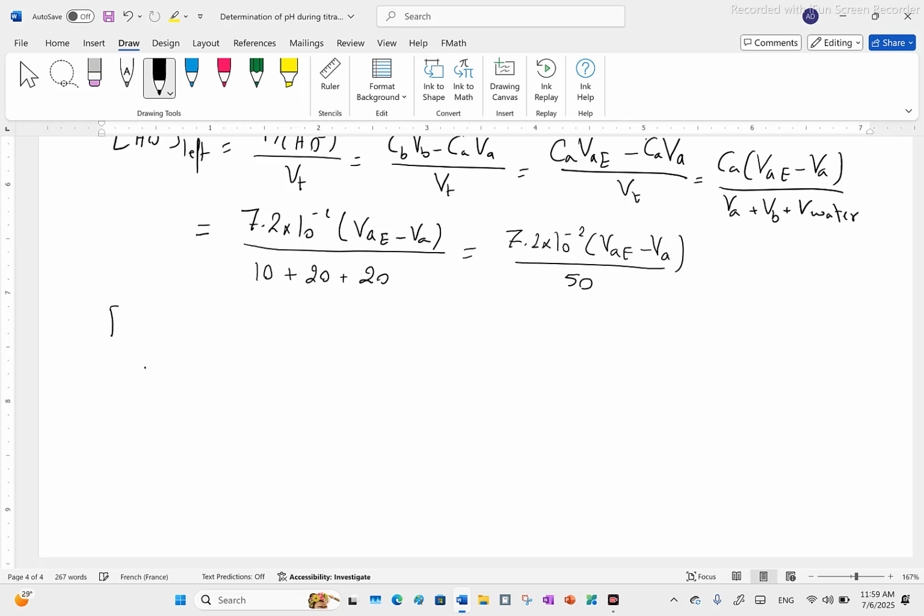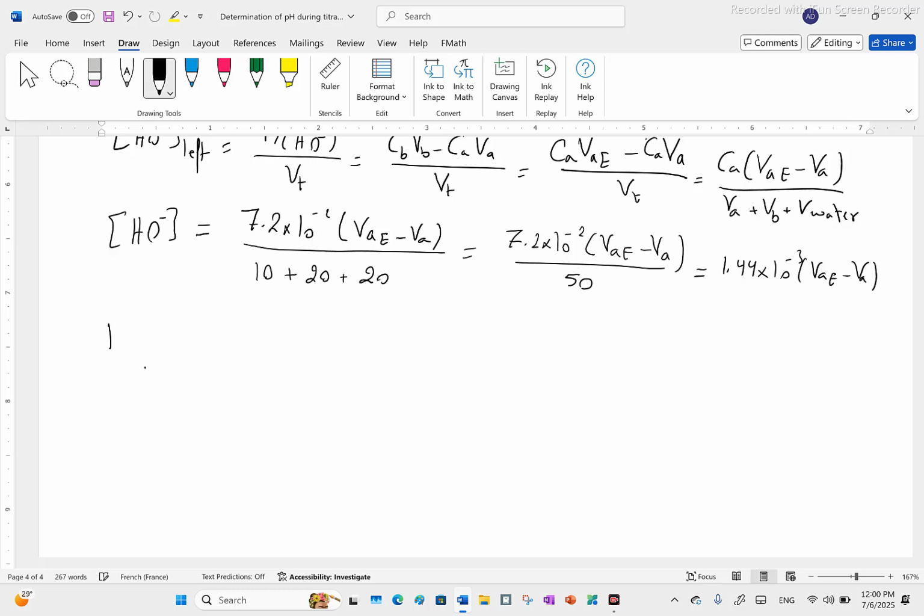Now the medium is basic, then pH equals 14 plus log concentration of HO−, equal to 14 plus log of 7.2 × 10^-2 over 50, equal to 1.44 × 10^-3 (VAE minus VA). This is the concentration of HO− left.